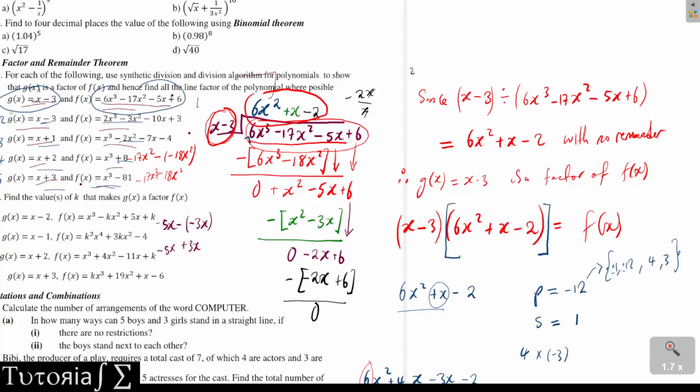We basically divide this into that, and if it leaves a remainder, then it is not a factor. But if it does not leave a remainder, we say it is a factor. All right, so try out these 4 questions that are here, then we see how we move on from there.